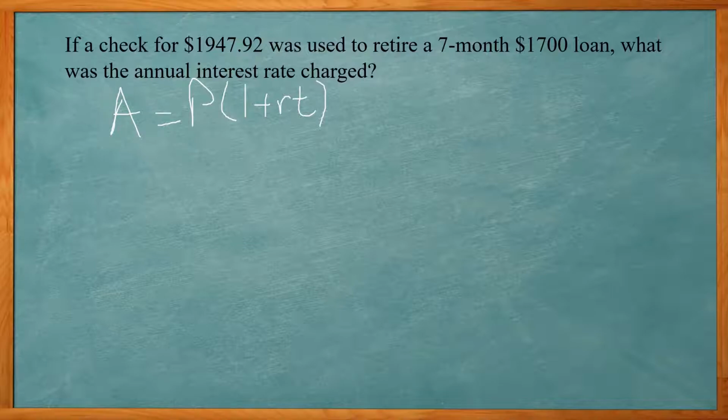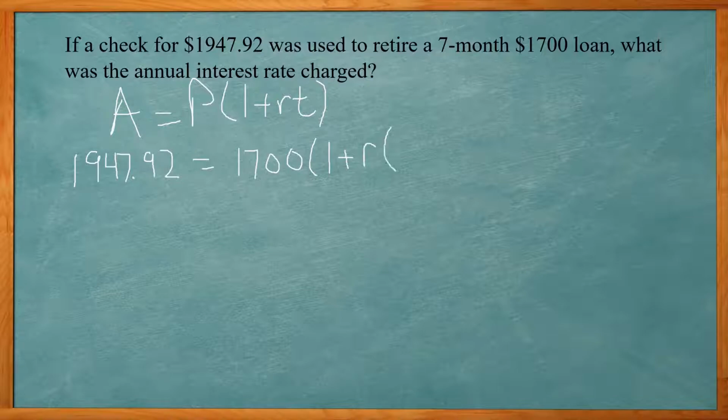That was the ending balance, so that's going to be A. The loan was for 1,700, so that's P. R we don't know. And we know the time was for 7 months, so 7 over 12.